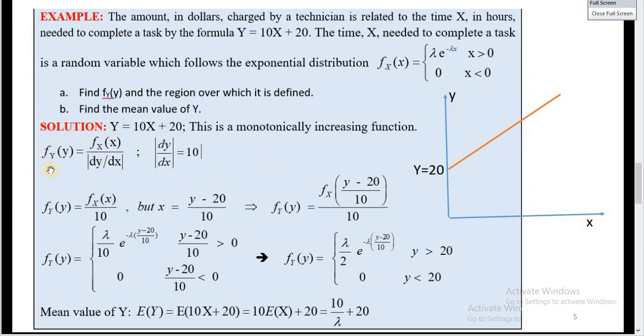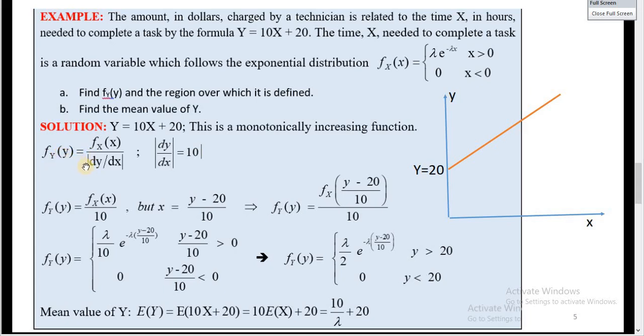Now we use this fundamental relationship: f sub y of y equals the density function f of x divided by the absolute value of the derivative dy by dx. The derivative dy by dx equals 10. And here we have taken the absolute value, and this is to account for monotonically increasing as well as monotonically decreasing functions, since the density function f of y cannot be negative.